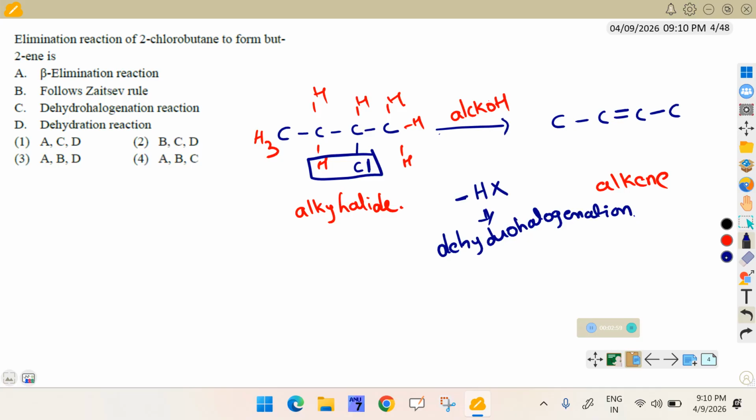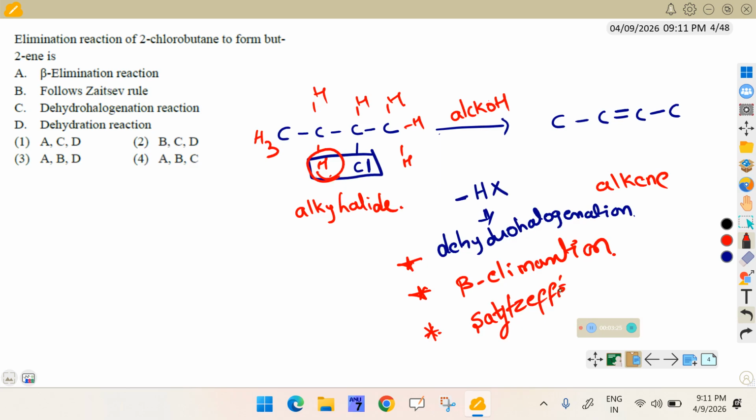Dehydrohalogenation process takes place. In this process, we remove a hydrogen atom from the beta carbon, so beta elimination takes place. It follows Saytzeff's rule, which is also called the Zaitsev rule.